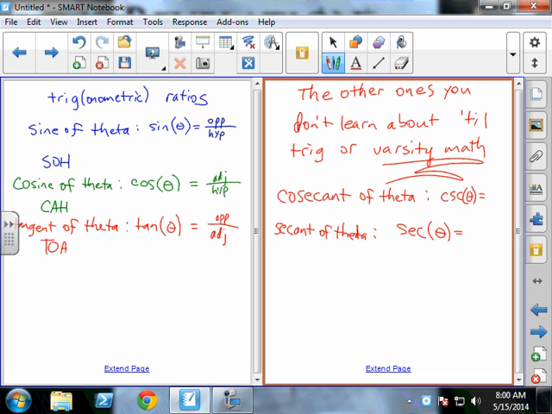Secant. Well, cosecant is hypotenuse over adjacent. Oh, my bad.